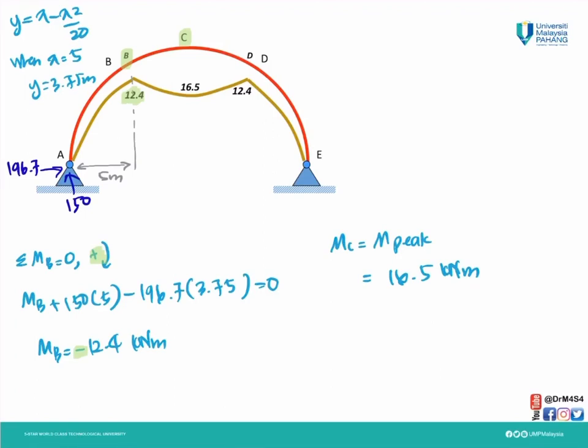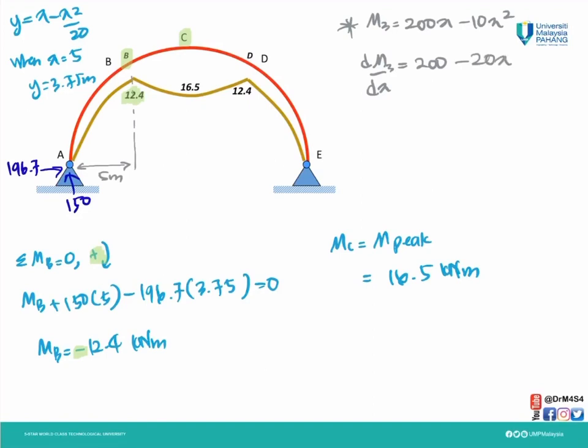And here's some notes. We know our M3 equal to 200x minus 10x squared. Then we can find our dM3 over dx. Differentiate that, 200 minus 20x.